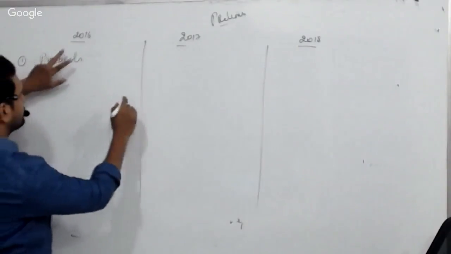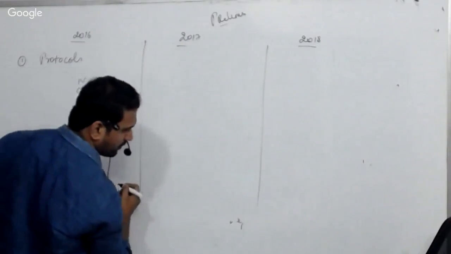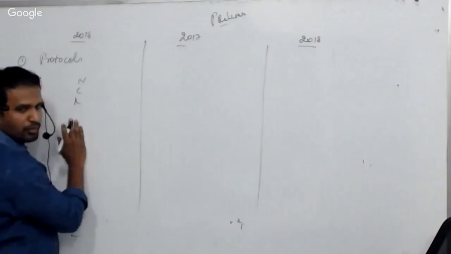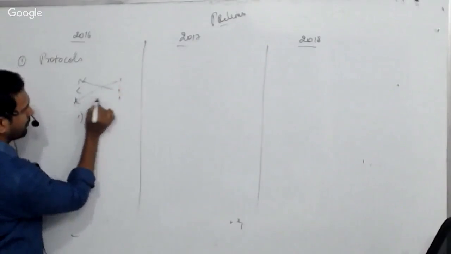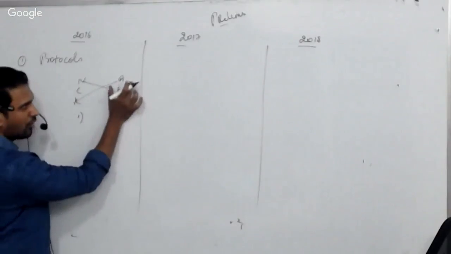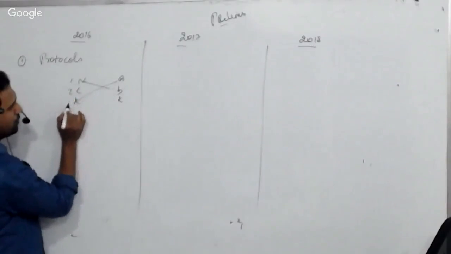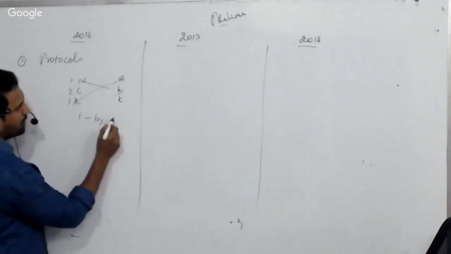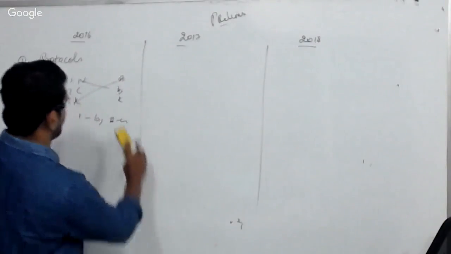They gave 3 protocols: Nagoya, Cartagena, and one more, which was Kyoto. They gave 3 protocols and 3 options and asked us to match, like A, B, C with 1, 2, 3. So one question was there on the protocols.